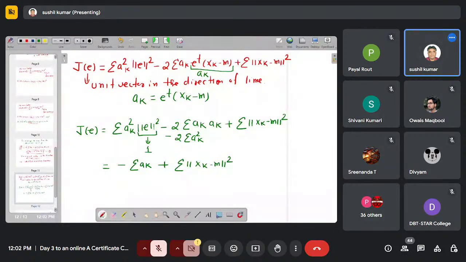So now this a_k I will replace with this equation. So what it will give you?